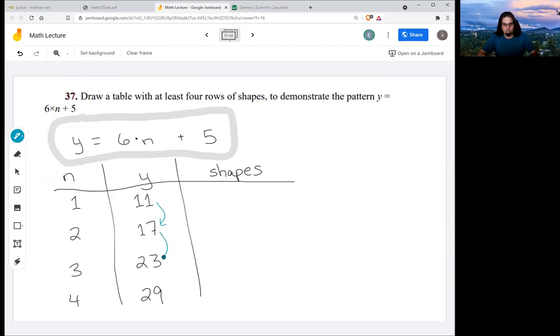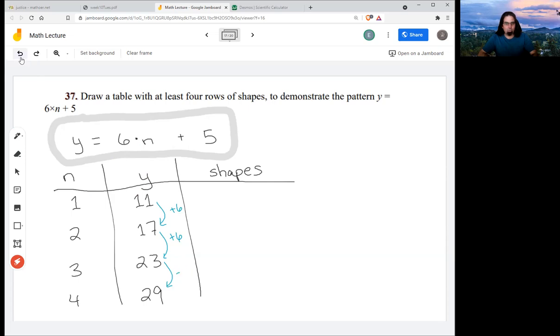You don't have to notice this, but you might as well. What's my rule for how much it goes up each time? Six. Plus 6. Do you see why it's plus 6? Each time we make this bigger, we get another 6. We have 1 6s or 2 6s or 3 6s or 4 6s.